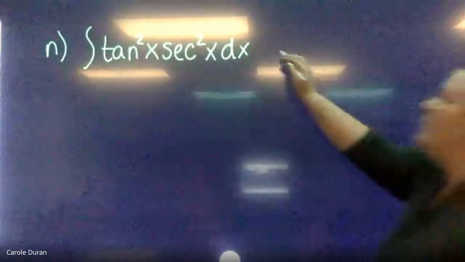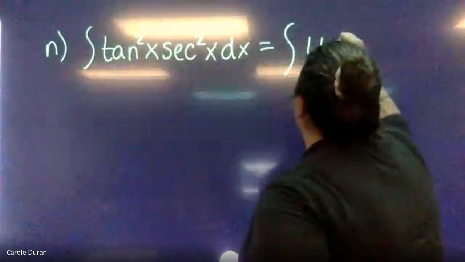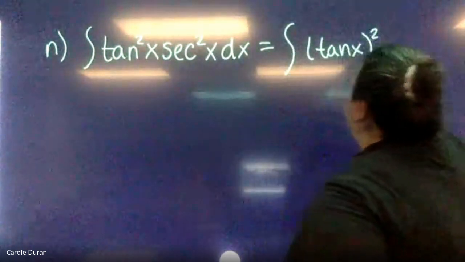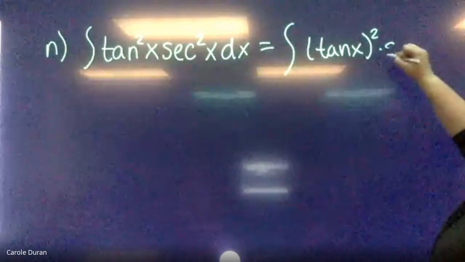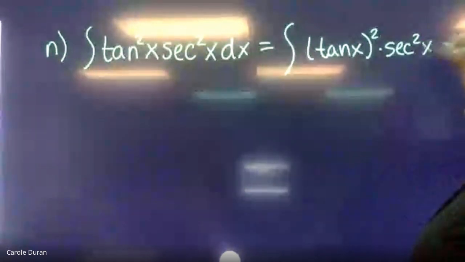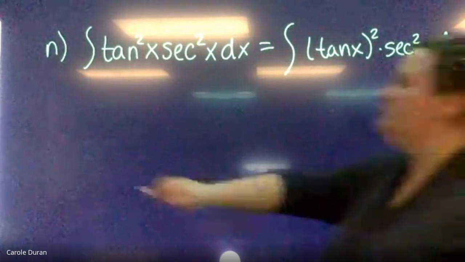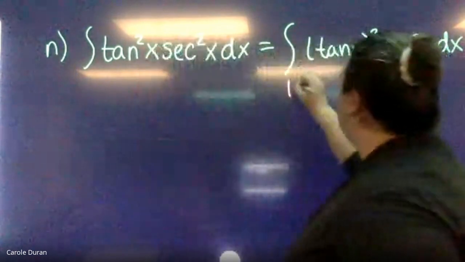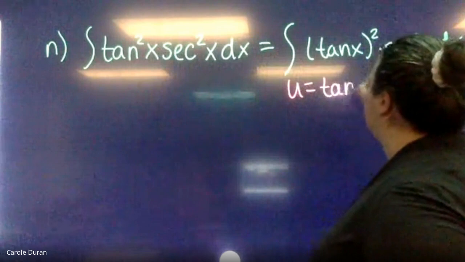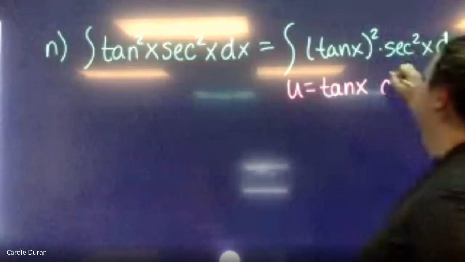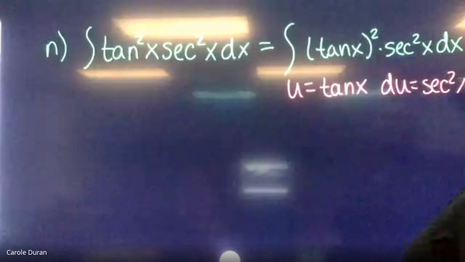So what she's saying is that we should rewrite this as tangent squared x times secant squared x dx, and make tangent my inside function because its derivative is secant squared, which is present in this function as well. So u here equals tangent of x. Du then will equal secant squared x dx.